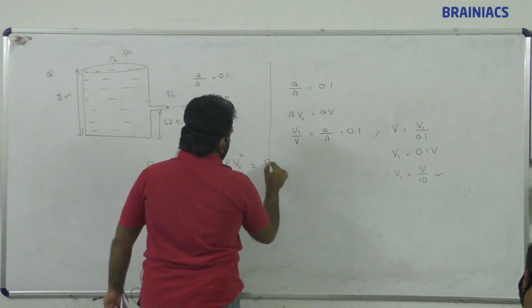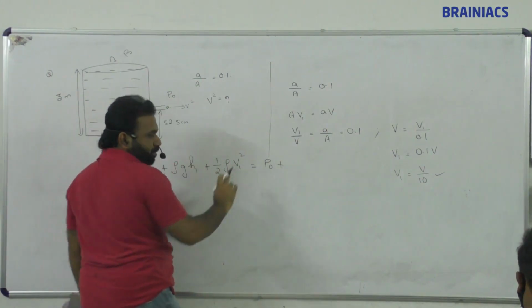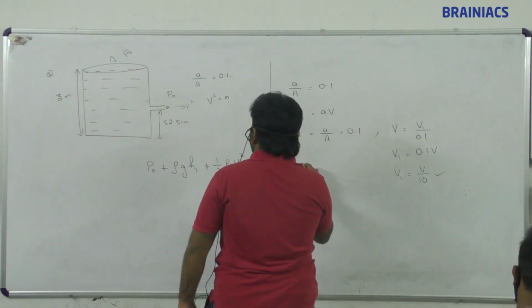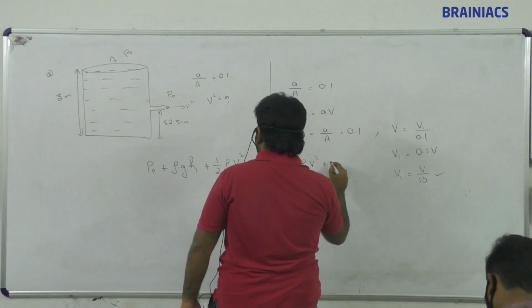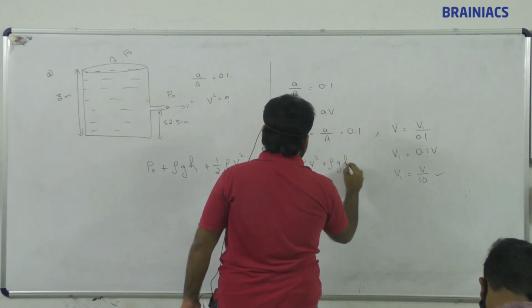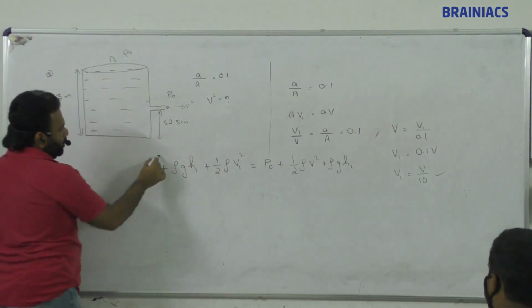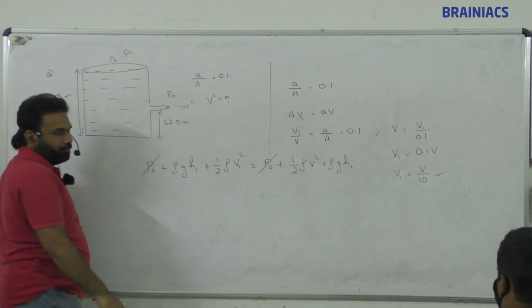This is equal to P0, whatever be the pressure, P0, plus half rho V square plus rho G H2. So P naught can be cancelled out.